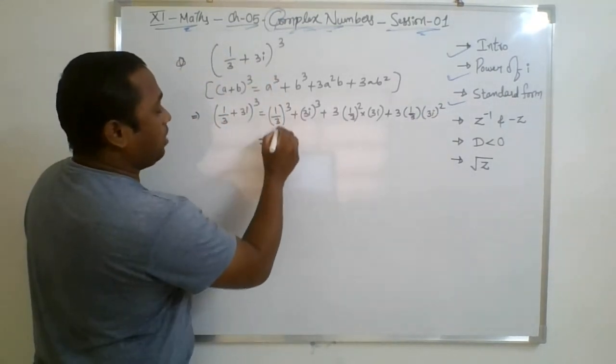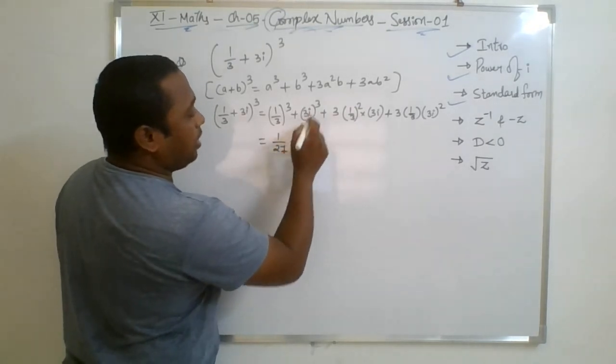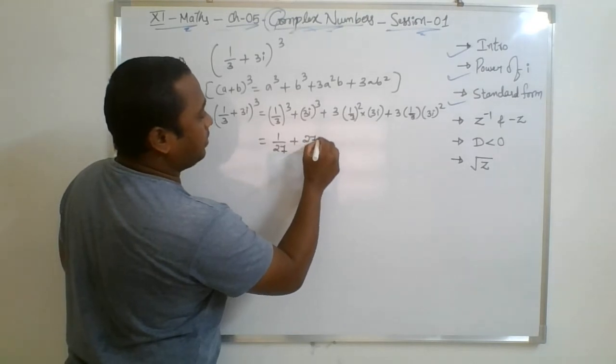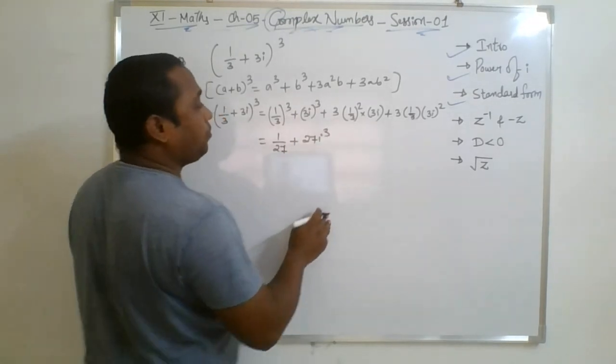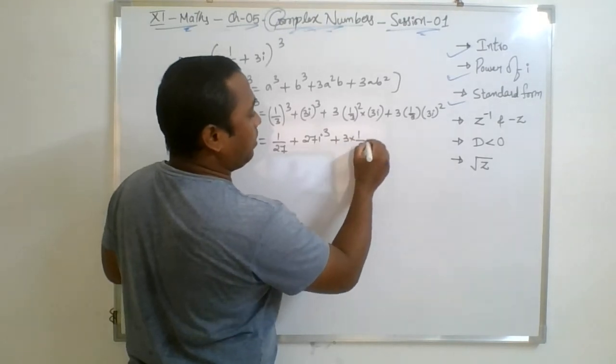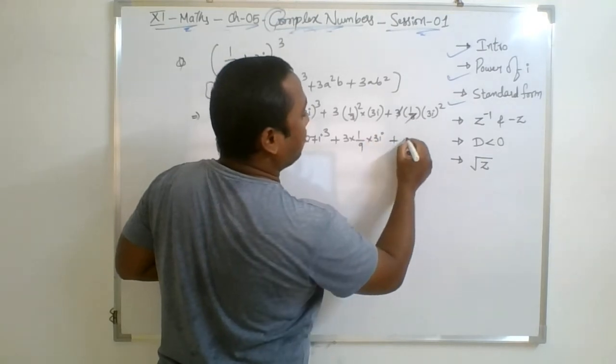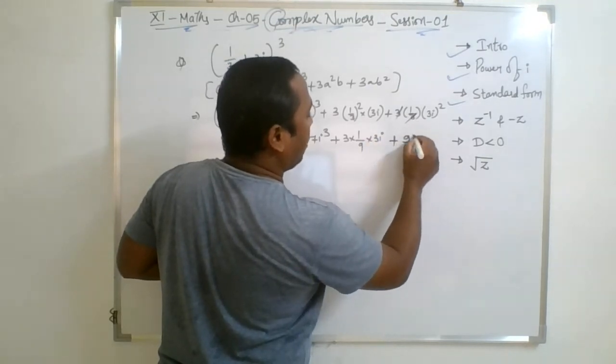1/3 whole cube means 1/27. (3i) the whole cube means 27i cube. Here 3 into (1/3) square means 1/9 into 3i, the 3 gets cancelled, so it is i.